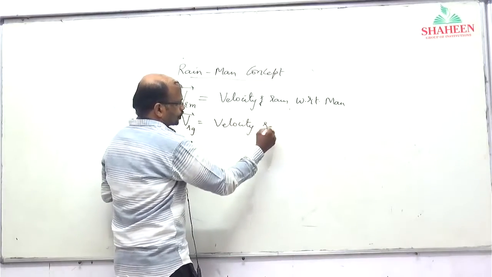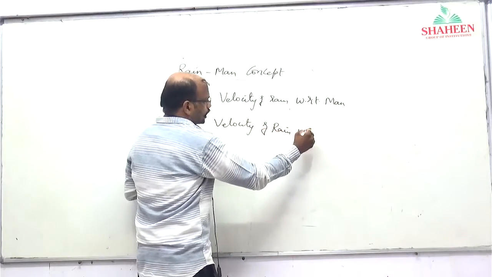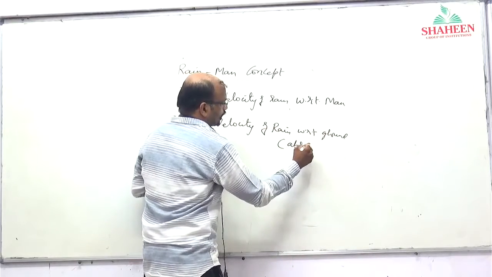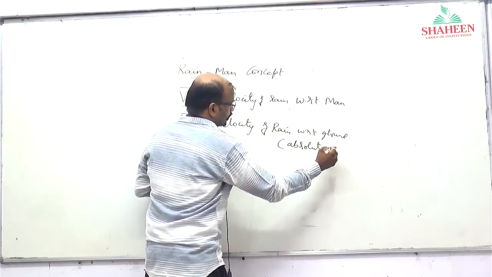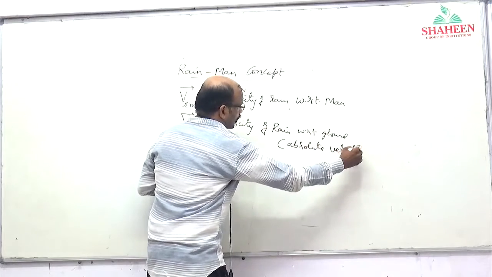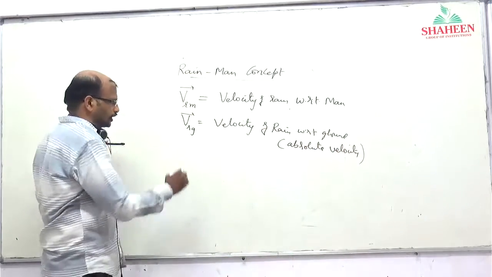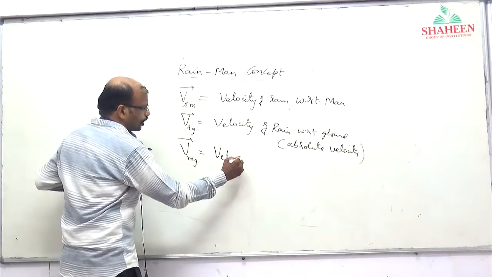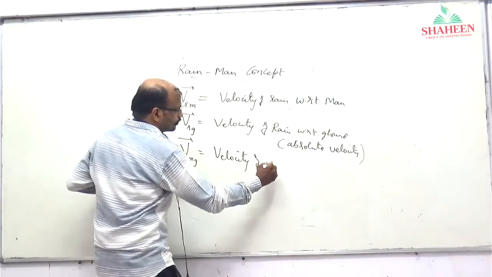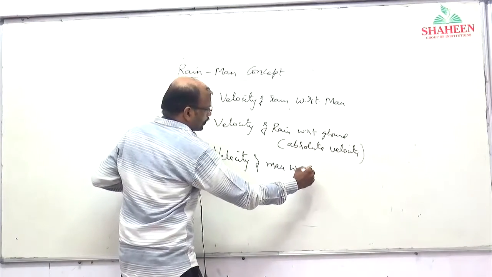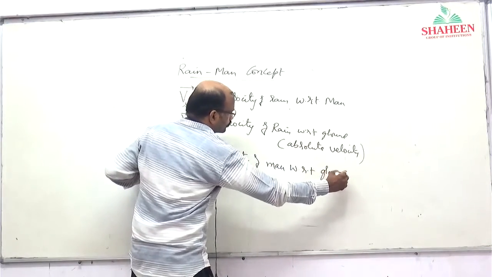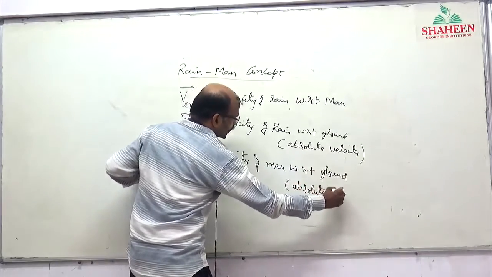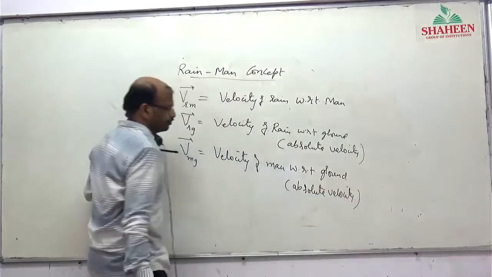In bracket I wrote absolute velocities, actual velocities. Velocity of man with respect to ground means absolute velocity of man. Is it clear?